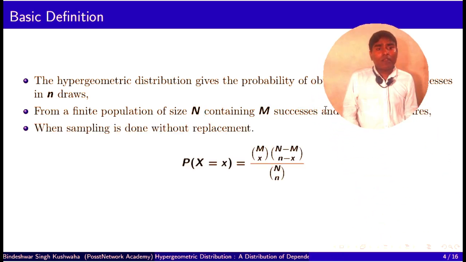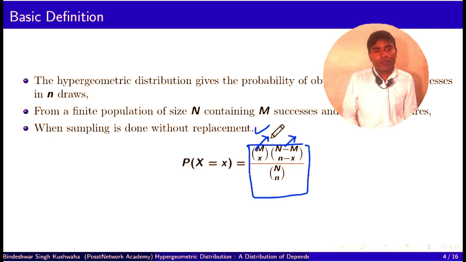When sampling is done without replacement, we will have M choose x, N minus M choose n minus x, and N choose n. That is the success part and that is the failures part.